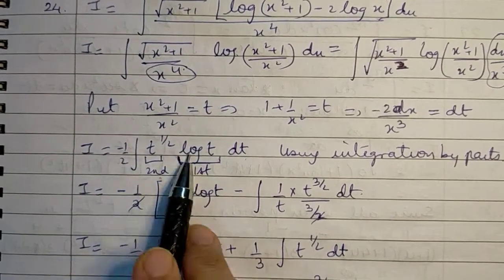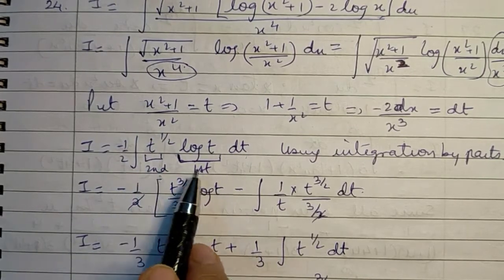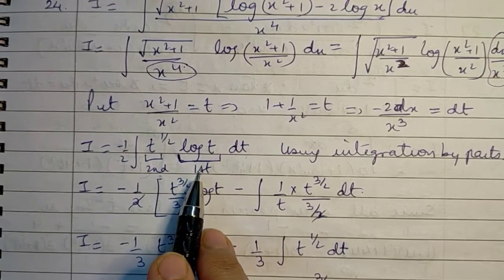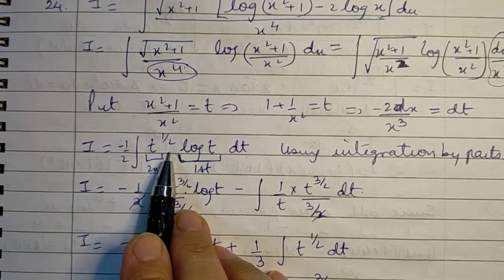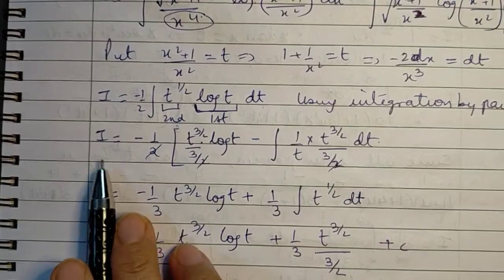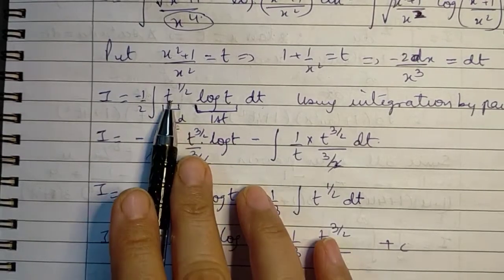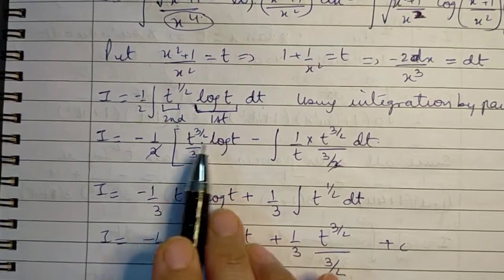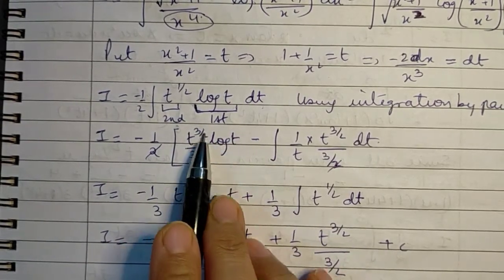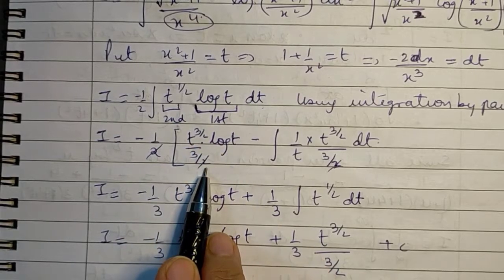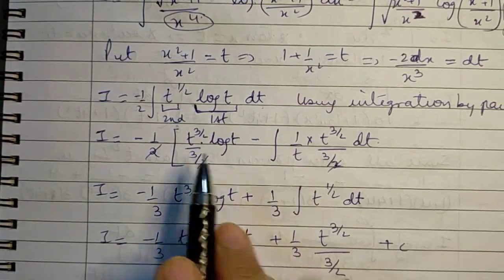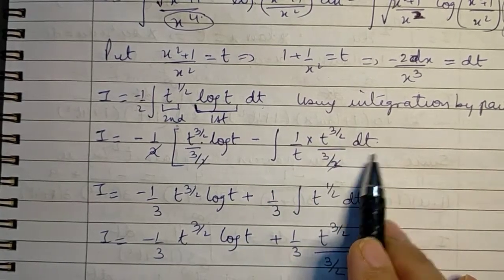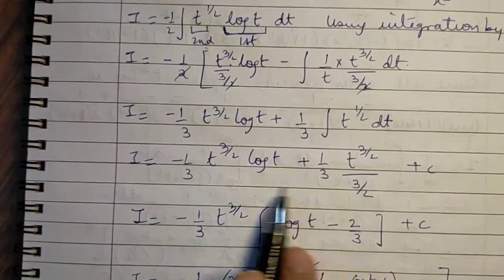Now it's a product of two functions which have to be integrated. So using integration by parts, treating log t as the first function and t raised power half as the second, we get I is equal to minus half, and this integral of the first function into integral of the second, that is log t into t raised power 3 by 2 upon 3 by 2, minus integral of derivative of log, which is 1 upon t, into integral of the second one, into dt, which on simplifying gives us this term.